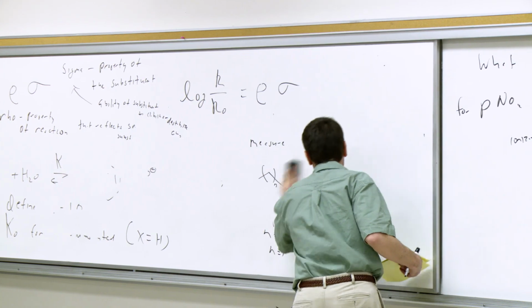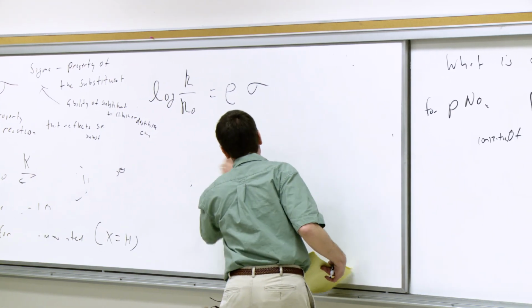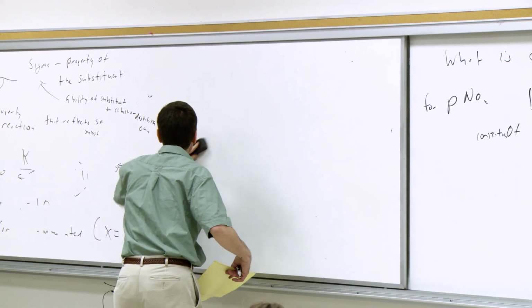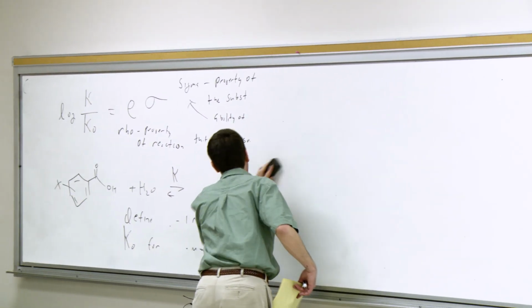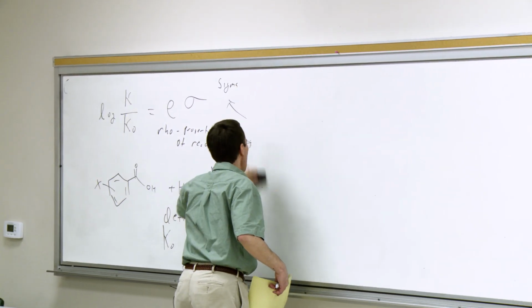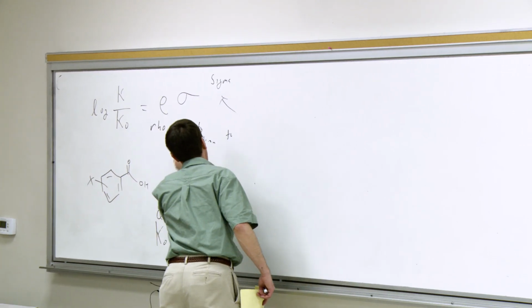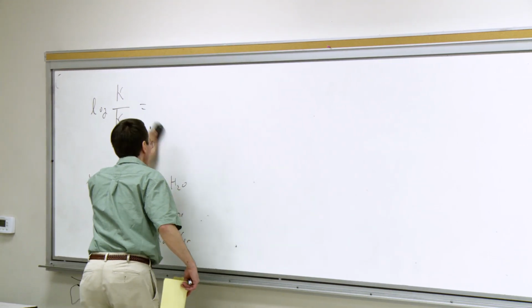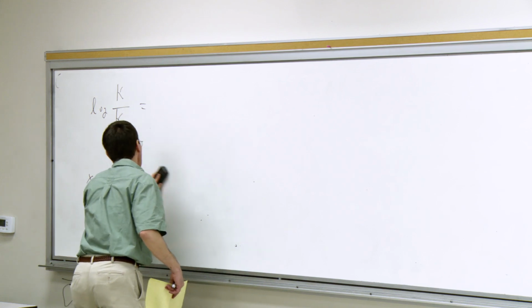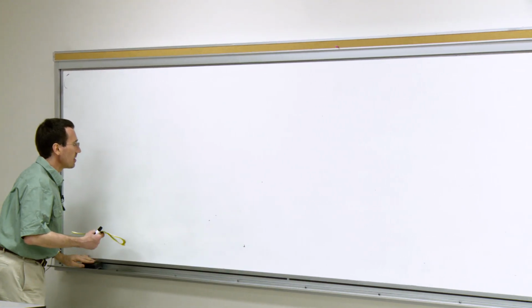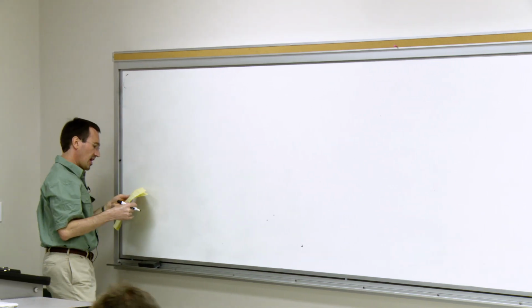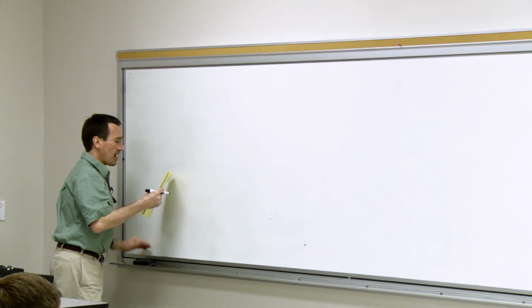And you can measure for all different sorts of substituents the effect on pKa. And table 4.1 in your book gives an extensive set of these measurements of sigma values for all sorts of different common substituents, both meta and para, on benzoic acid. So I'm just going to transcribe a couple of numbers and tell you about them.